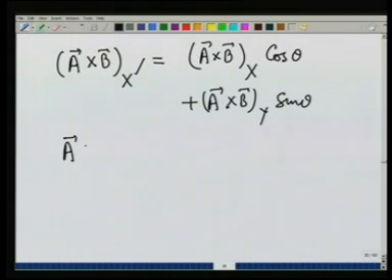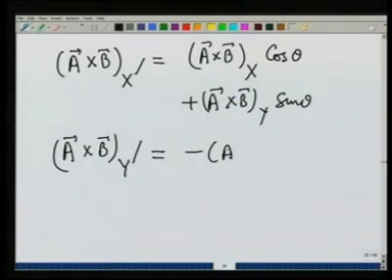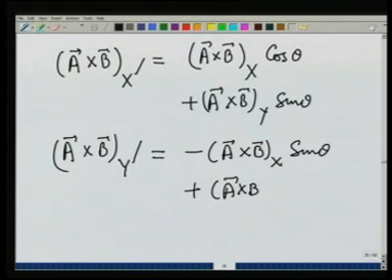Similarly, the y prime component of A cross B, if I am changing only the x prime and y prime axes by rotation about the z axis, should be equal to minus the x component of A cross B times sine theta, plus the y component of A cross B times cosine theta. I leave this as an exercise for you. So, it is this combination, ax by minus ay bx and things like those, that defines the vector product for us.